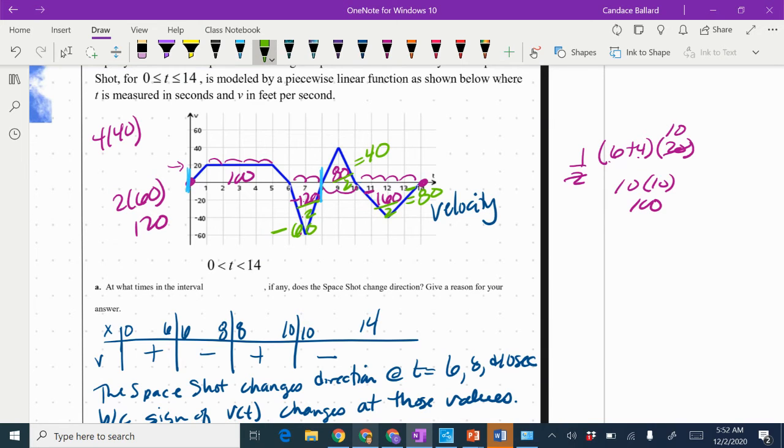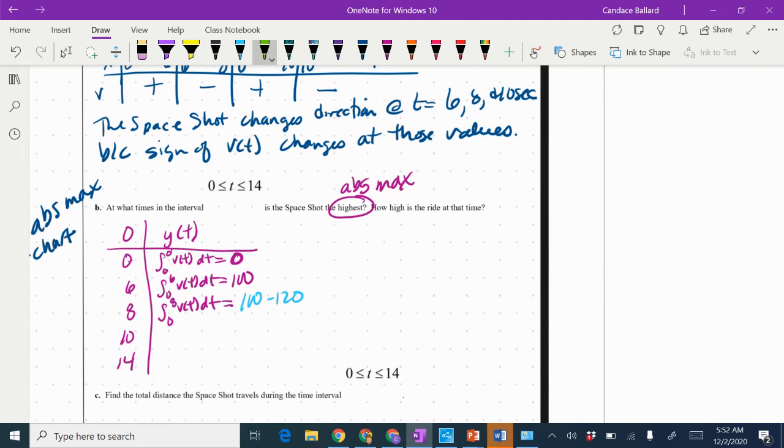All right, so I was noticing a mistake, so I caught one more mistake I was making. You have to divide the triangles by 2. So this one should be negative 60, this one should be 40, and this one should be negative 80. So I'm going to correct that down here. So it would actually be 100 minus 60, which is going to give us a 40.